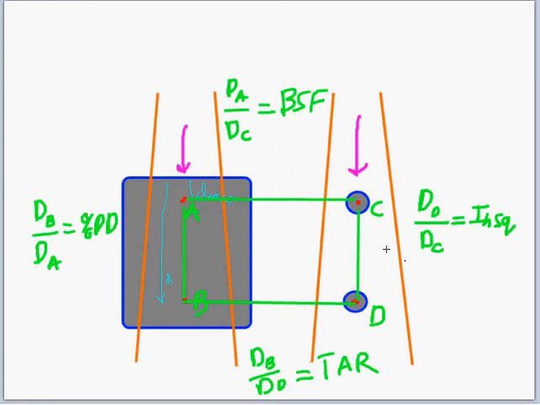So with this little drawing here, if you can remember that, you can get 4 of the factors and see how they're related. You can also see from this that what's called the backscatter factor is just a special case of the tissue air ratio. In other words, tissue air ratio could be at any depth.